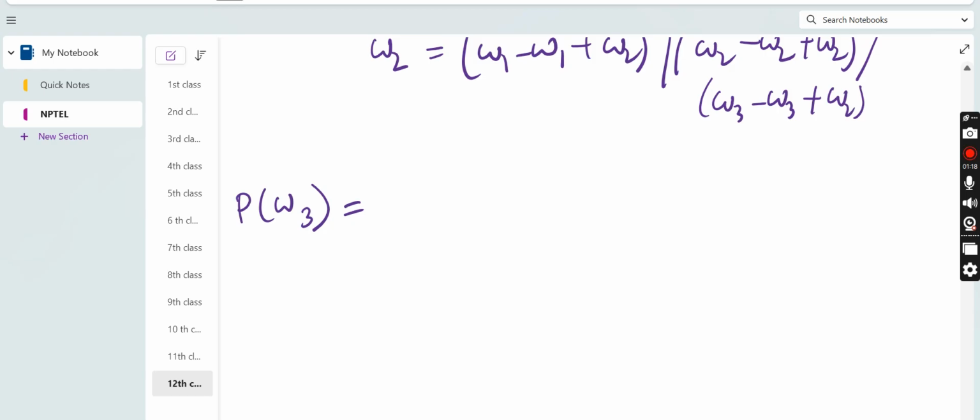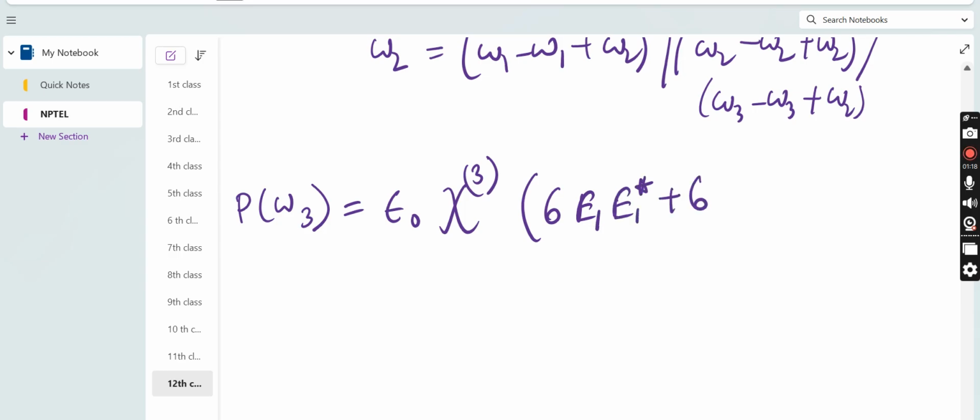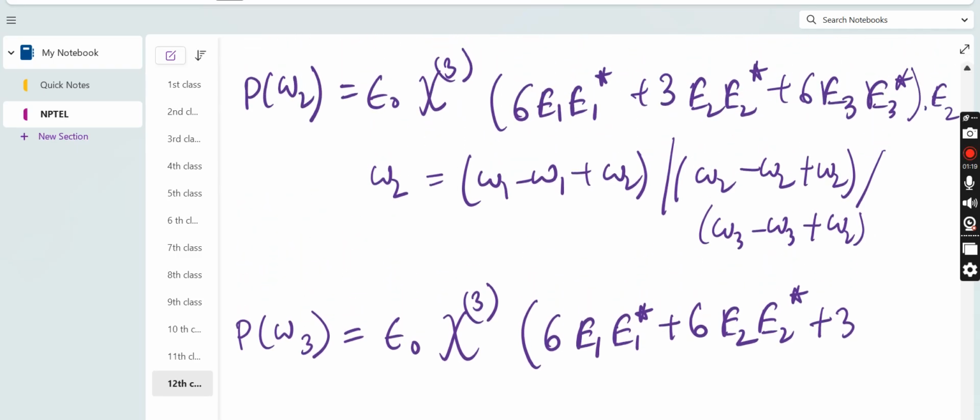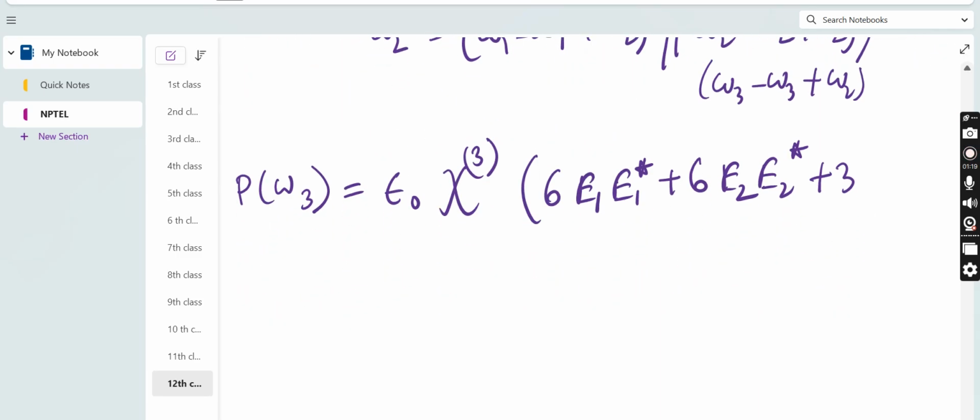The complex amplitude of frequency omega 3 is like this: 6 E1 E1 star plus 6 E2 E2 star plus 3 E3 E3 star, into E3.